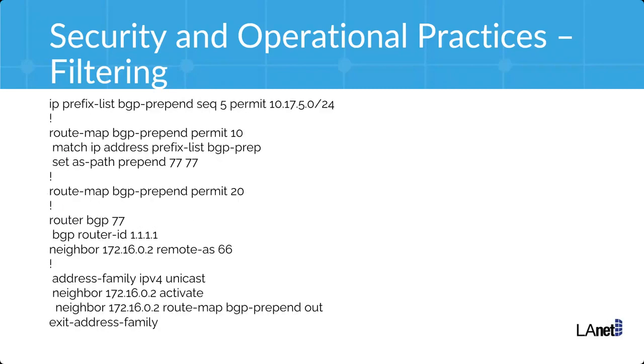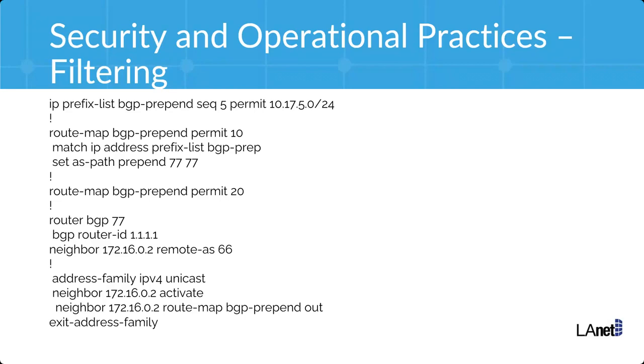Let's do AS path prepending. I promised this earlier, and I think it's an important one to know how to do. In this case, I want to prepend across one neighbor to basically de-prefer that neighbor for reaching 10.17.5.0/24, right? So what I do is I set up a prefix list that says, hey, match on 10.17.5.0/24.